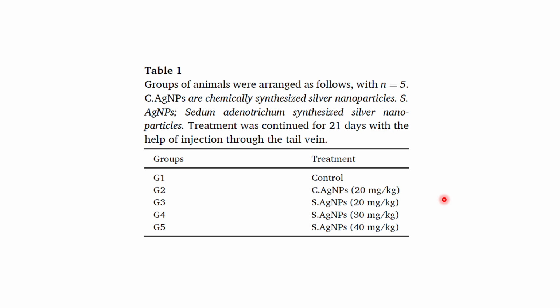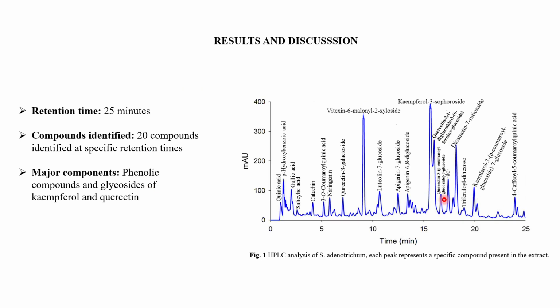So the word SAgNP stands for Sedum adenotrichum synthesized silver nanoparticles. The mice were dosed for 21 days, and each group contained 5 mice, and the treatment was continued for 21 days, and the dose was administered through injection through the tail vein.